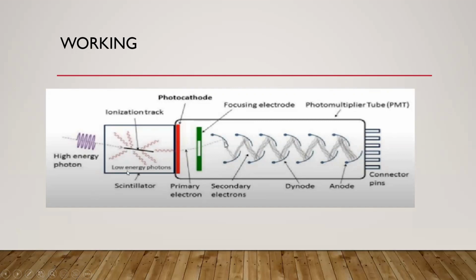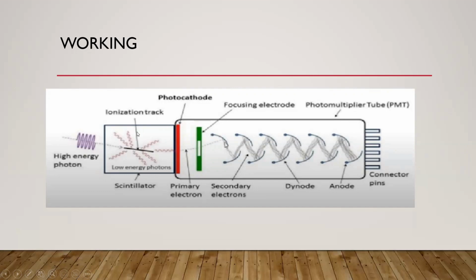The scintillator is made up of certain materials which, when hit by the high energy gamma radiation, get excited, and when returning back to the lower energy state, they emit flashes of light. These are the flashes of light emitted in the scintillation counter.